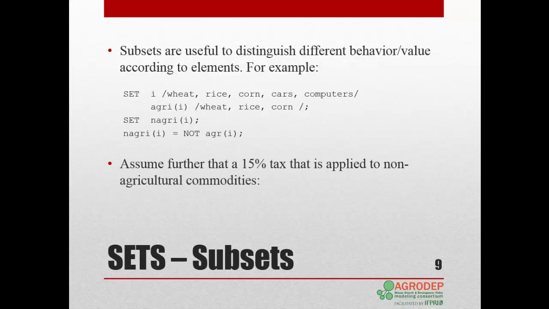Now let's assume that we want to apply a 15% tax on non-agricultural commodities. To do so, we first add to our set definition above a parameter statement. We declare this parameter, which we call Tx, on the complete set I. Now we apply the different values of the tax to the two subsets defined. No tax on agricultural product but a 15% tax on non-agricultural products.